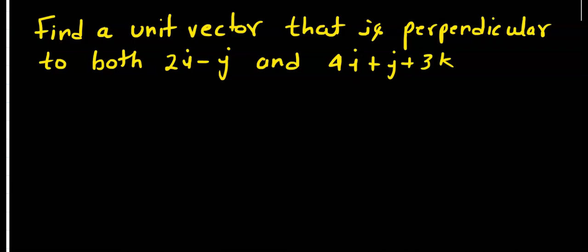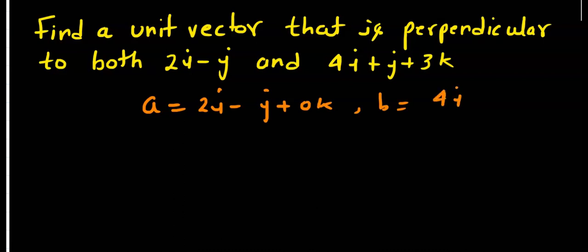So remember here, if you have tried, there is no k, so you can assume it is 0k. So this will be your A vector: 2i minus j plus 0k, and B is 4i plus j plus 3k.